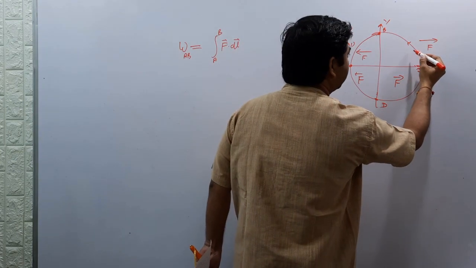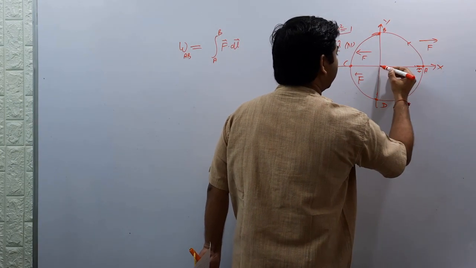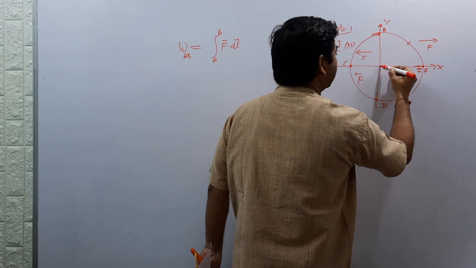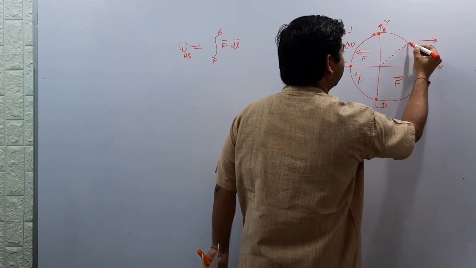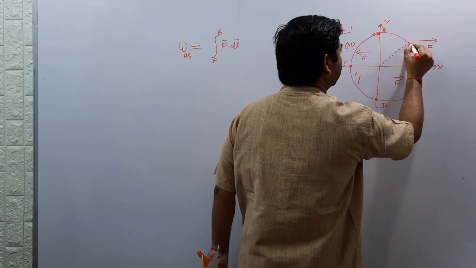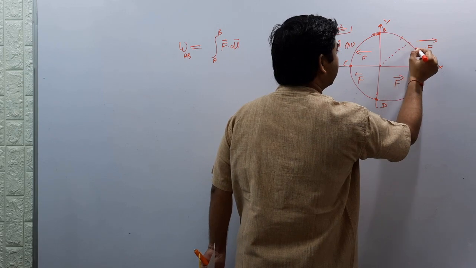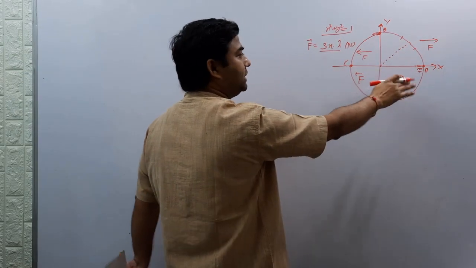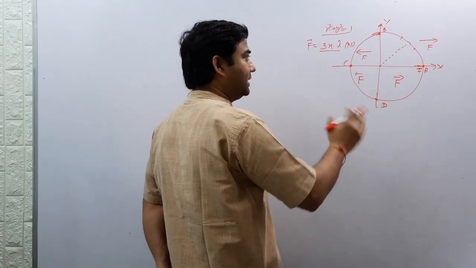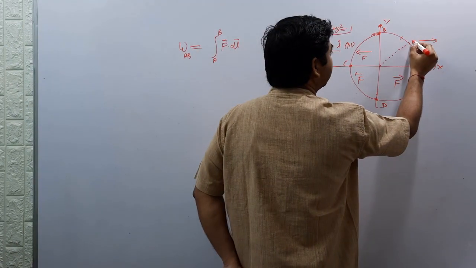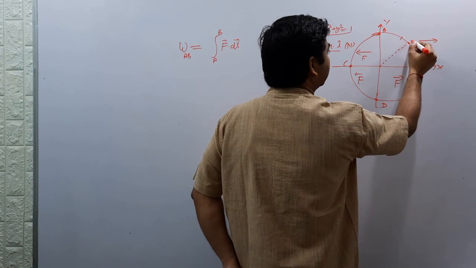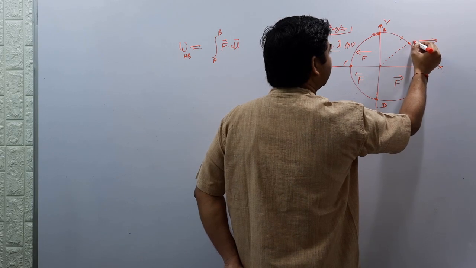So how will we find it? We will just take a small element at this point. I am showing it bigger because I have to show angles also. This is length dl, this is length dl.